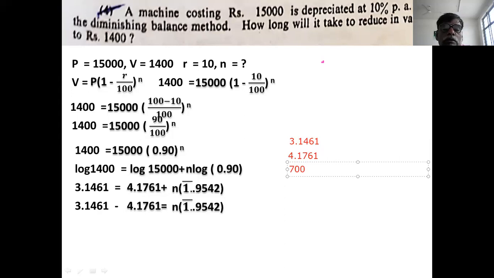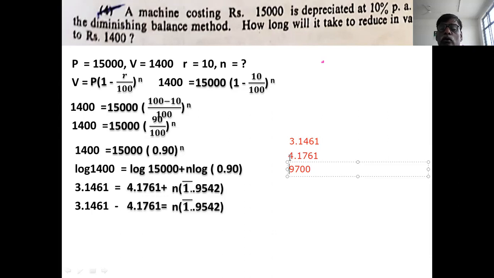Then 11 minus 2 is 9. Then carry over is 1, and 4 is here.